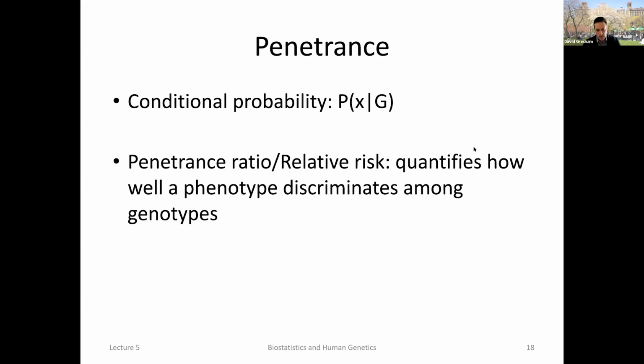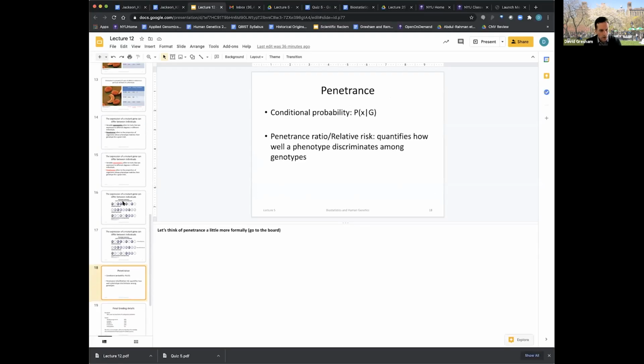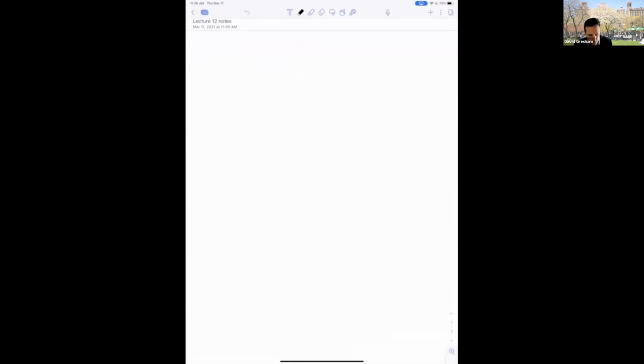So let me just, I've got one thing I want to show you on my screen. Okay, so as I said, penetrance we can think of as the conditional probability of some phenotype given some genotype G, okay? And we can think about simple cases.